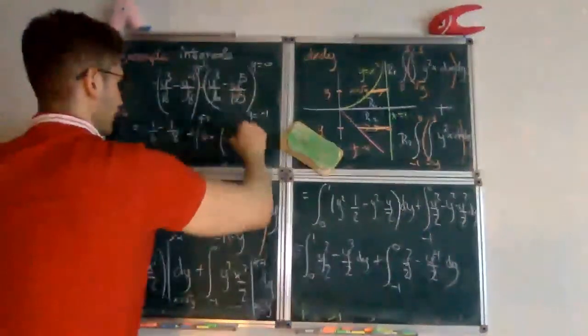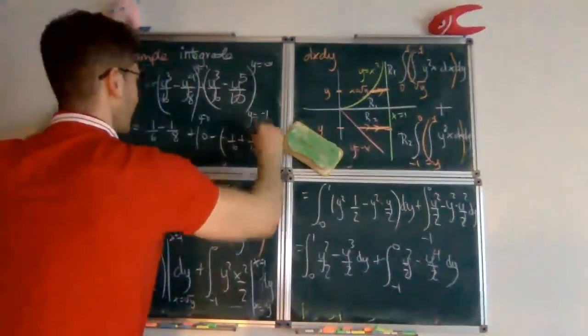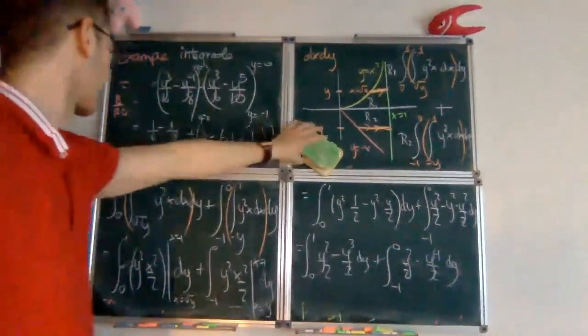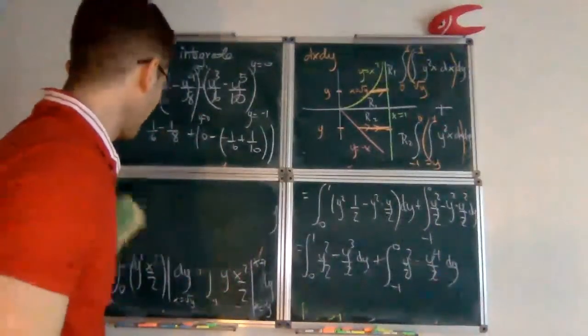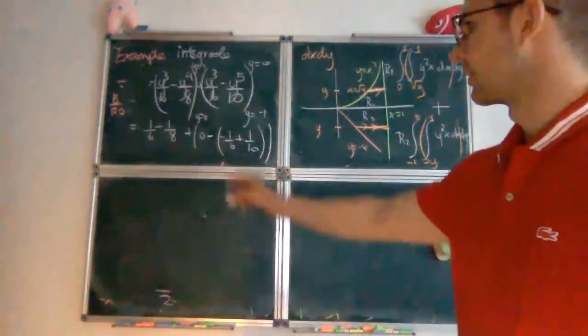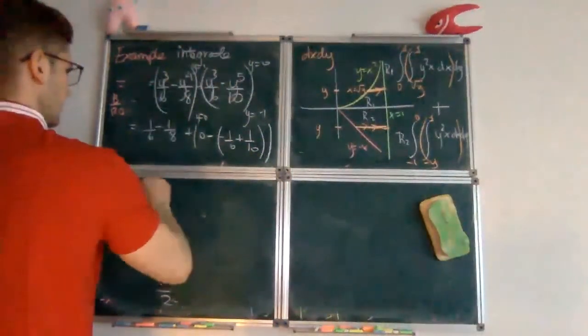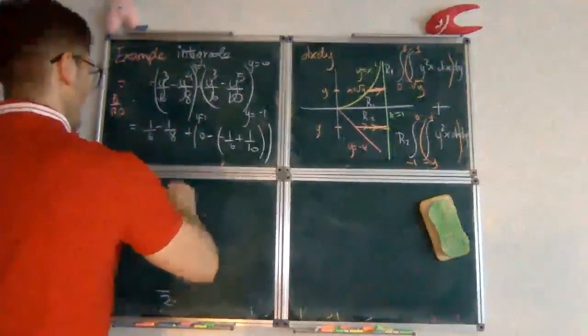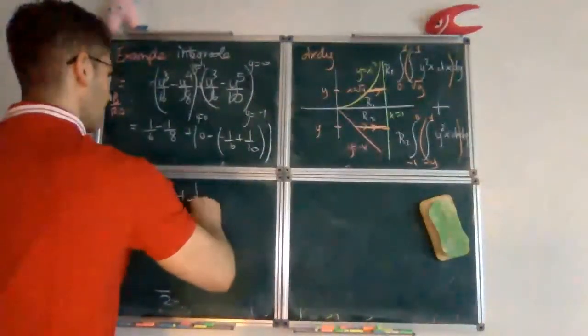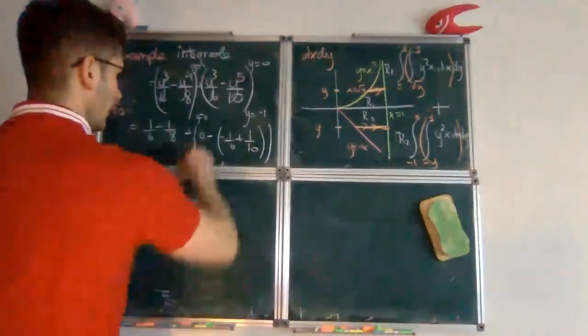And then this one becomes 1 over 10. So let's finish simplifying this. 1 over 6 minus 1 over 8 plus 1 over 6 minus 1 over 10.